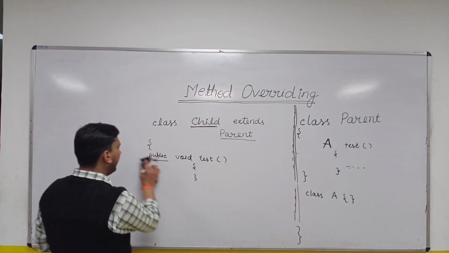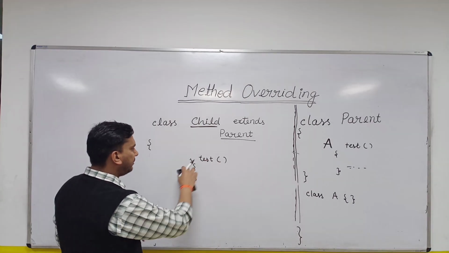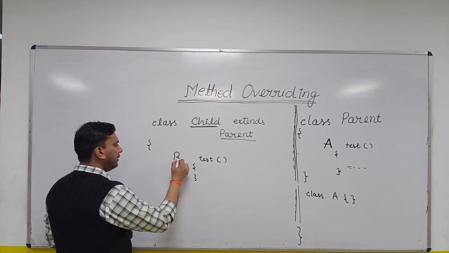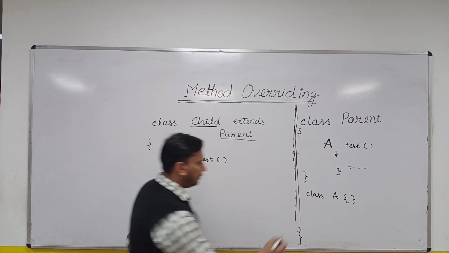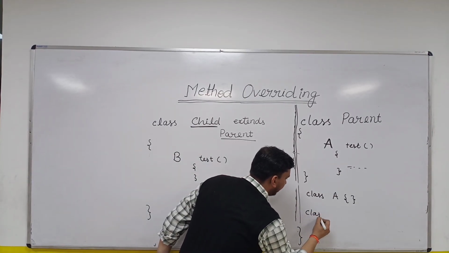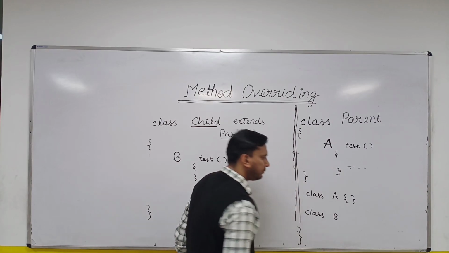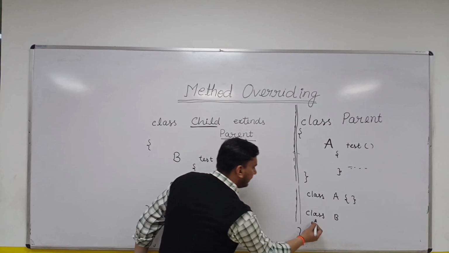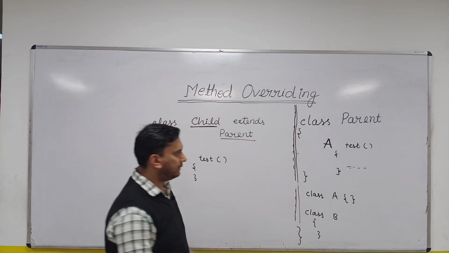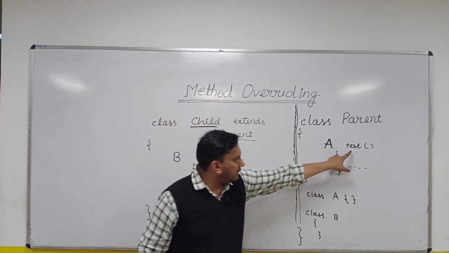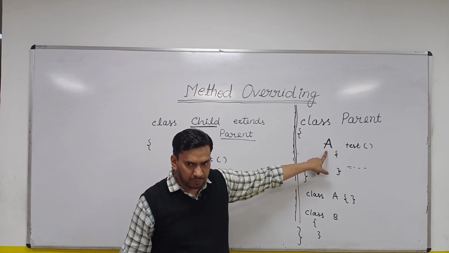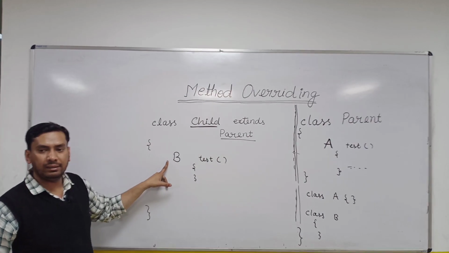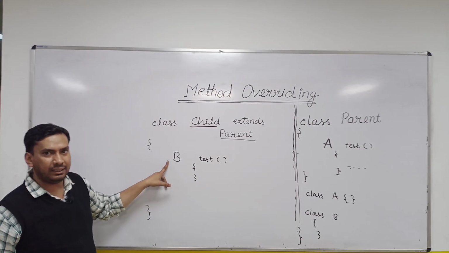During the overriding, now I am going to override this test method in this child class. So can I write B here, where B is also a class? Covariant return type says that if a method is returning some class type, then during the overriding you can change the return type.